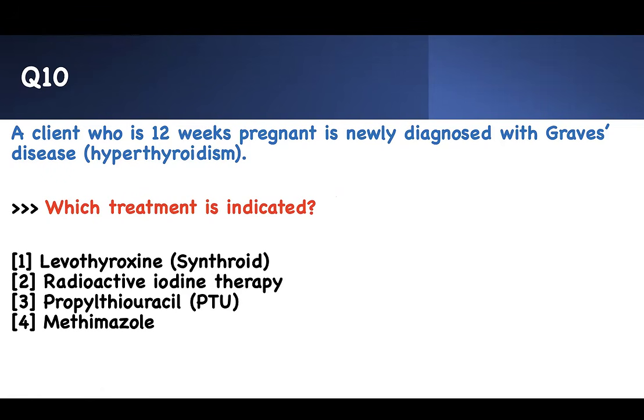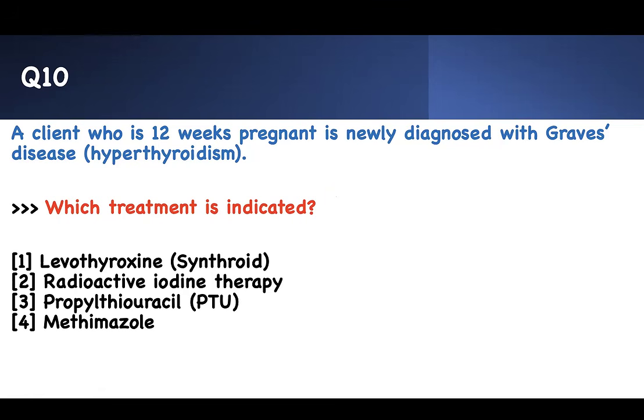This question requires critical thinking. I want you to try it, think about the answer, put it down, and let me know what you think. Then listen to me. It's a test taking strategy. Levothyroxine, radioactive iodine therapy, PTU, and methimazole. Stop the video, answer it, and let me know what you pick.